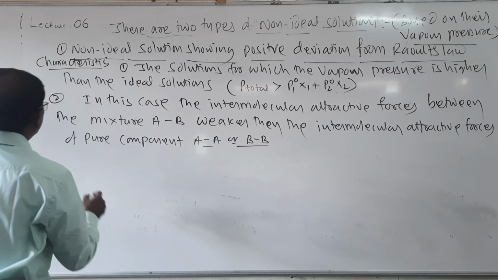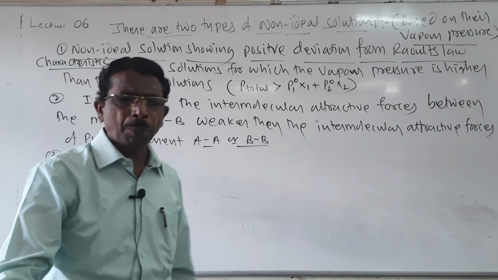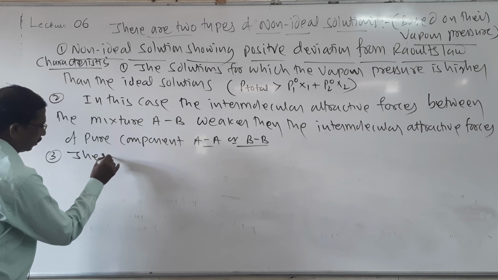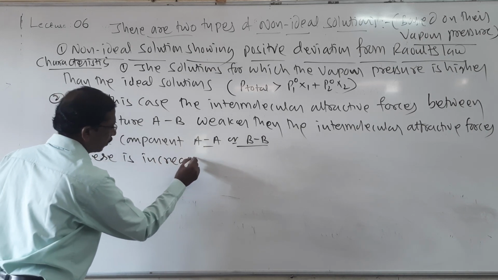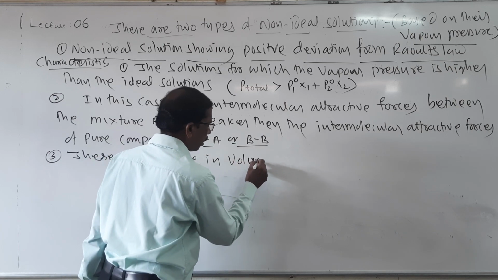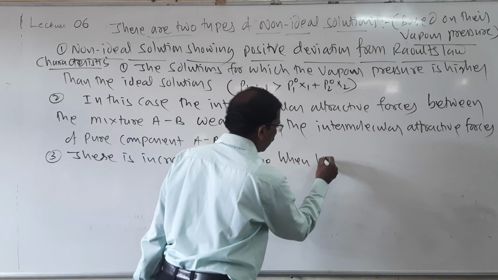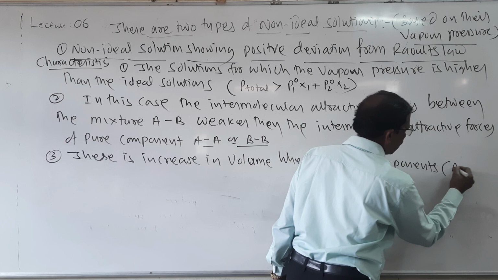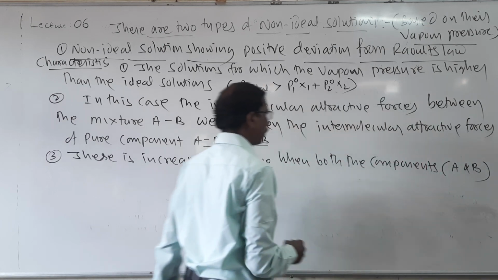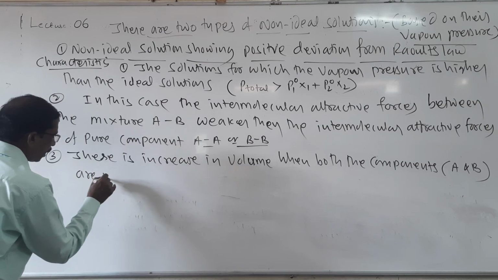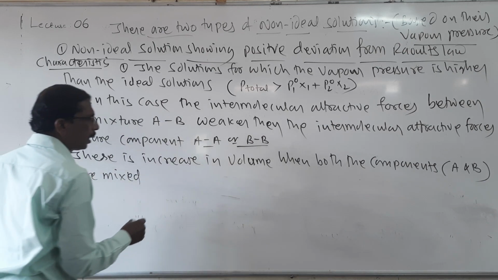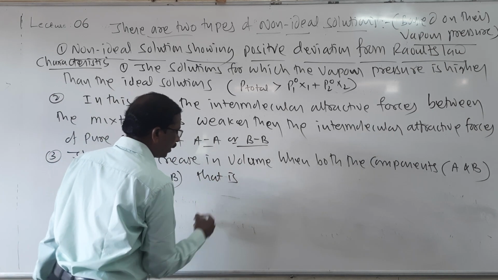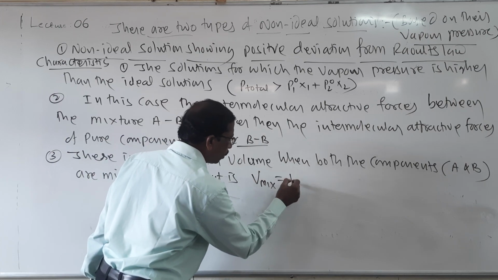So look here, third point. You may write simply that there is an increase in volume when both the components A and B are mixed, that is, V mix is equal to positive.